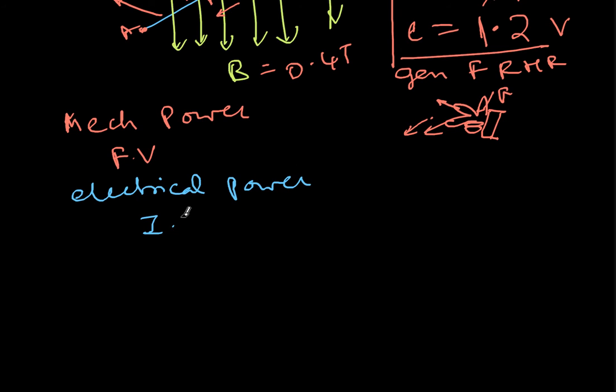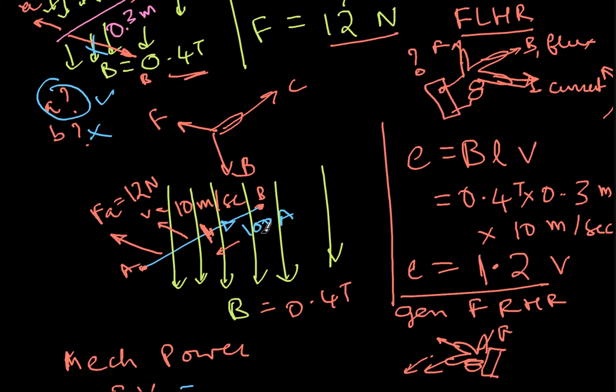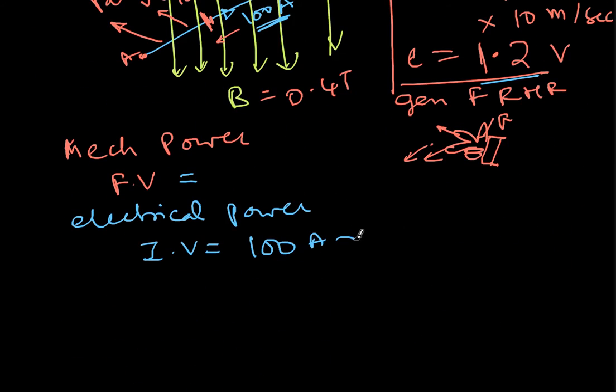This is current into voltage. Okay. So what is the current? Current was 100 amperes. Already it was flowing in the conductor, 100 amperes, and the EMF is 1.2 volts. So this is nothing but 120 watts. Okay. So that much of electrical power is there.